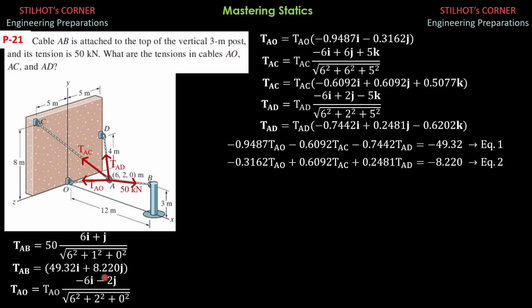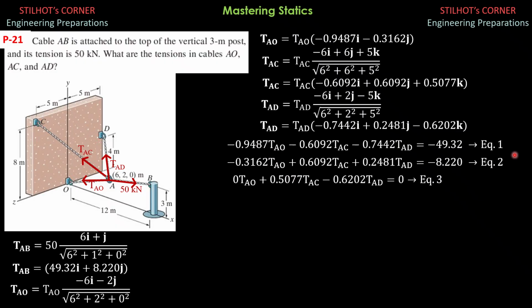AO has no Z component. So it is 0 tension AO plus 0.5077 tension AC plus negative 0.6202 tension AD plus 0 equals 0.